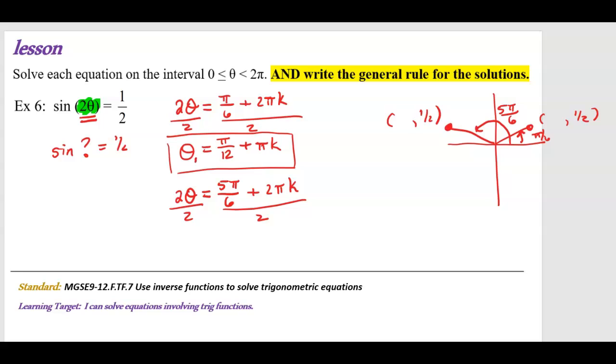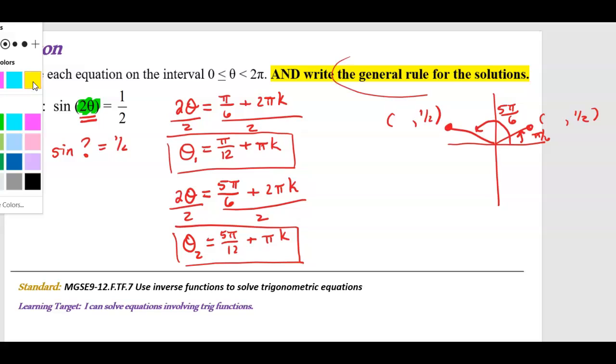So this is one of my general rules. I'll call it theta 1. And then theta equals 5 pi over 12 plus pi k again. So I'll call this theta 2. You don't have to, but it's nice to know that there are 2 general rules.